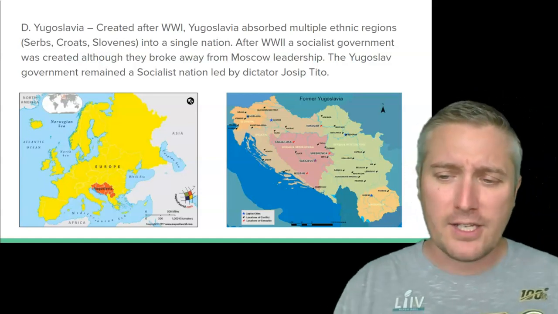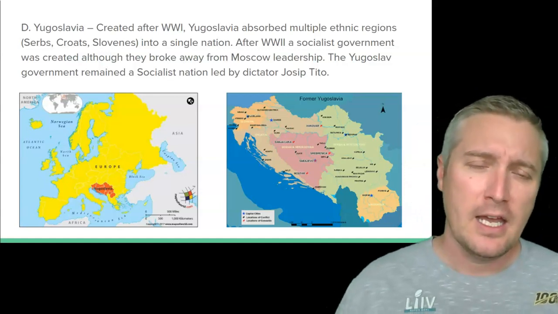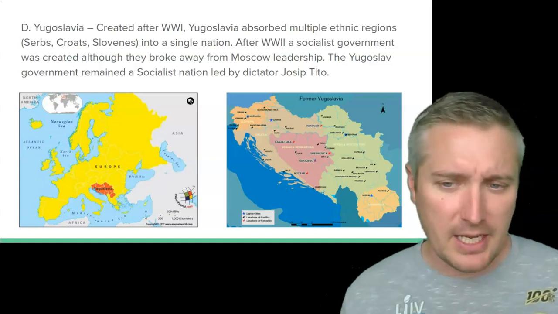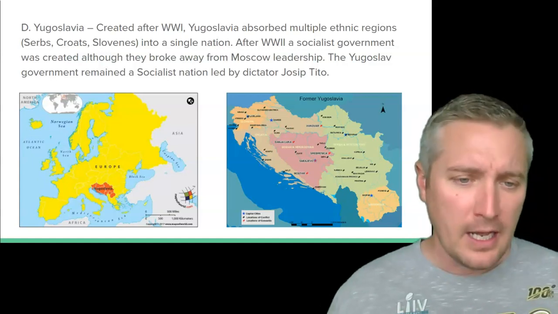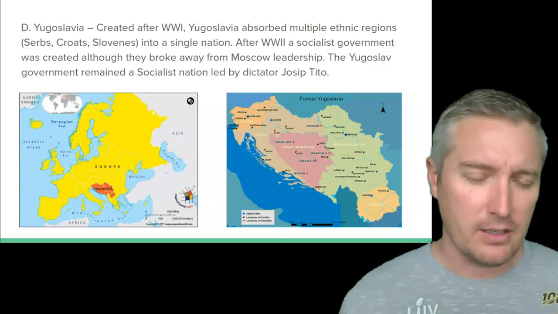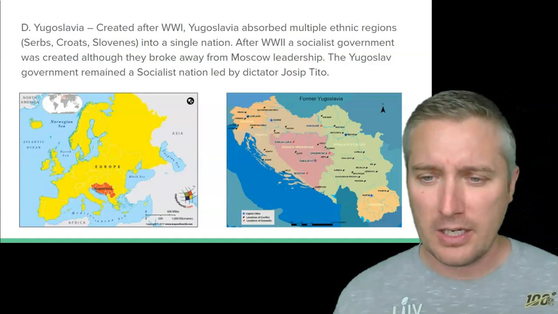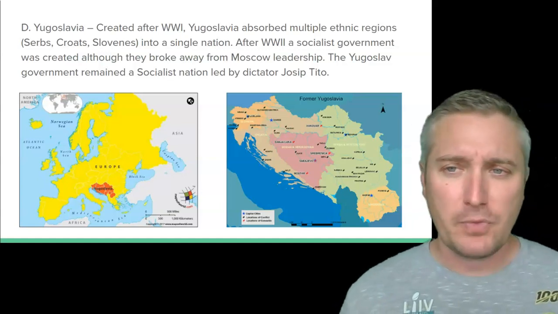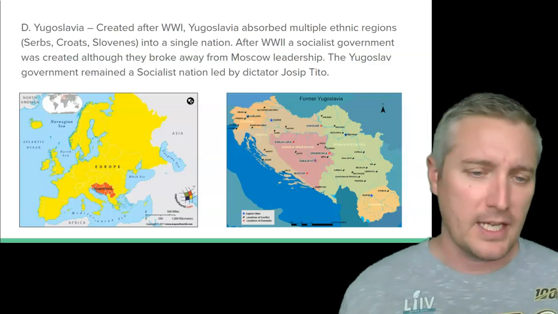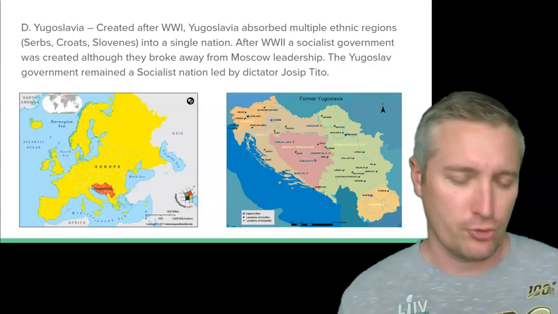The final case study we are going to look at today deals with the country of Yugoslavia. Now, Yugoslavia had been created after World War I, and it was incorporating a large area of what had been the Austro-Hungarian Empire, but it absorbed a lot of different ethnic groups within a singular country.